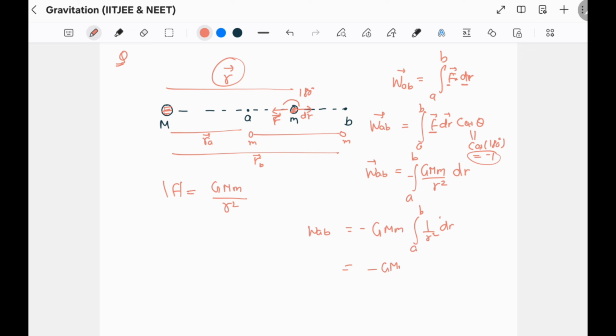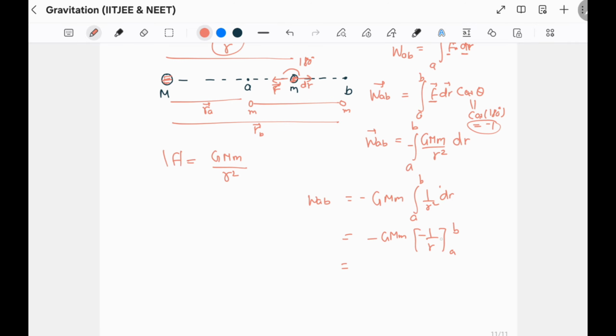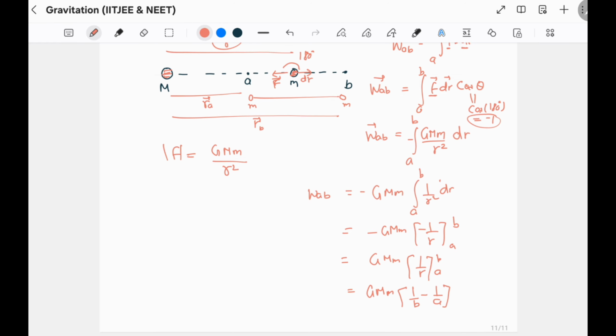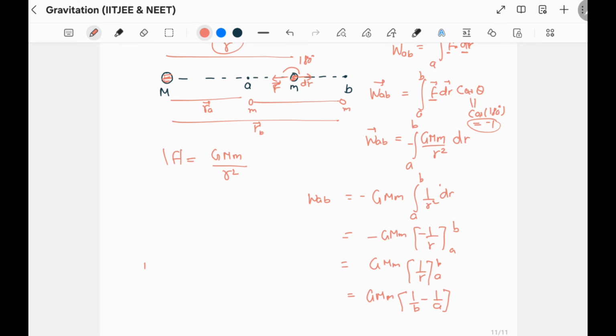This integration gives minus 1 by r from A to B. You can take this minus inside the bracket, so you will get G M m times 1 by r, upper limit minus lower limit. So this will be the work done from A to B: G capital M small m, 1 by B minus 1 by A. Everyone can get this value.